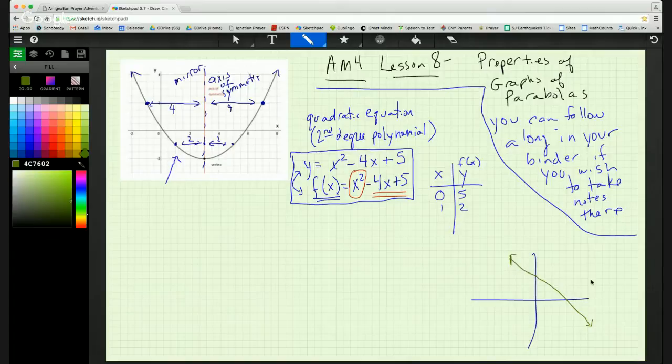We had an x-intercept right here, and then we also had what we call a y-intercept.